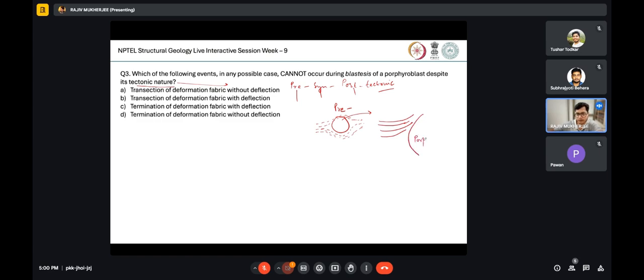So this is a porphyroblast. Foliations are terminated at the edge of the porphyroblast.